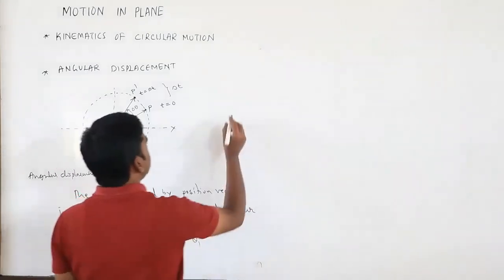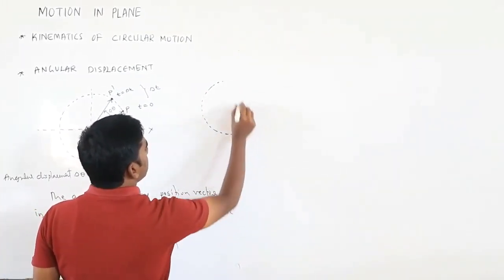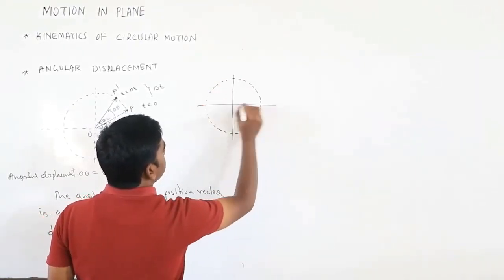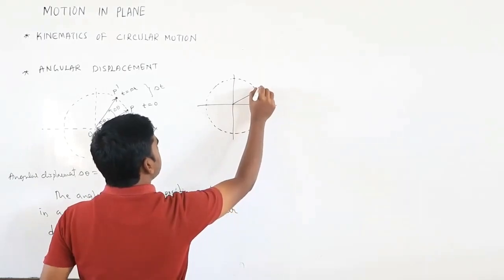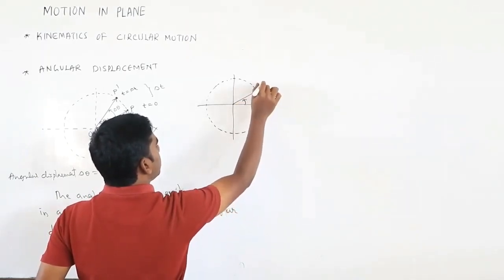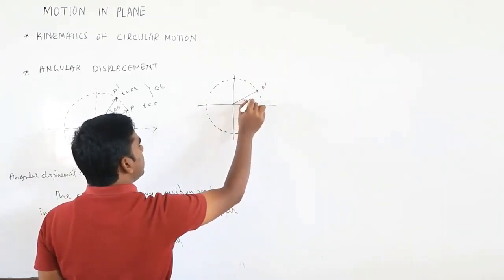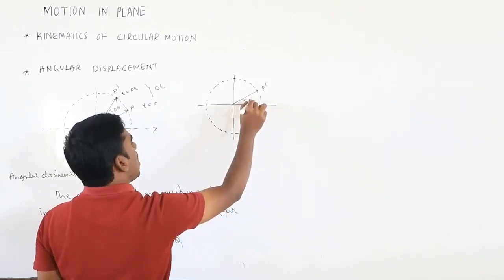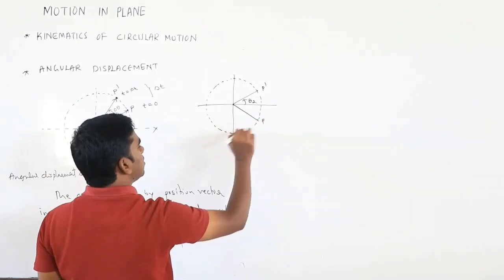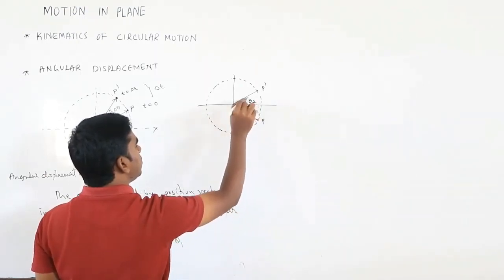Suppose it is given like this: here is P dash, theta 2, and before it was here, theta 1. I will measure theta 1 in this direction, and this is theta 2.